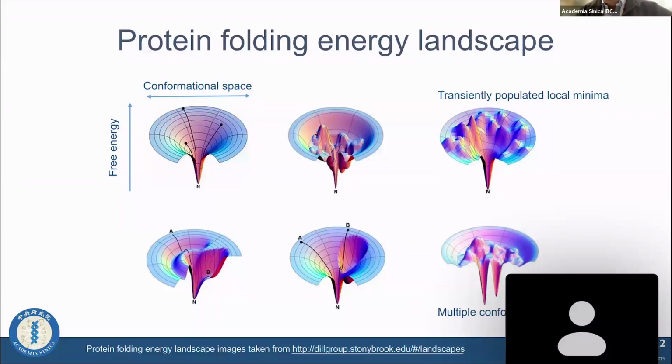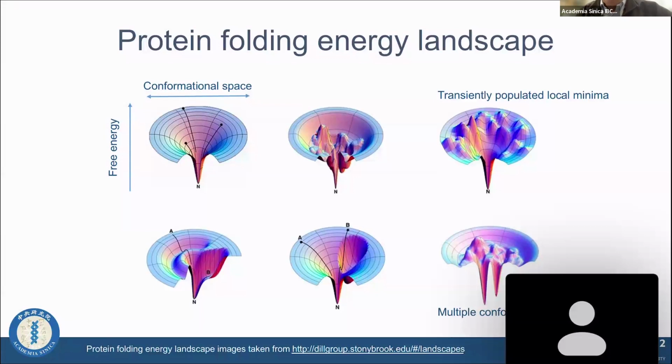You will have this funnel-like structure. You start potentially in a high energy conformation, but because the free energy landscape is funnel-like, the protein would then slide into the low energy native conformation.